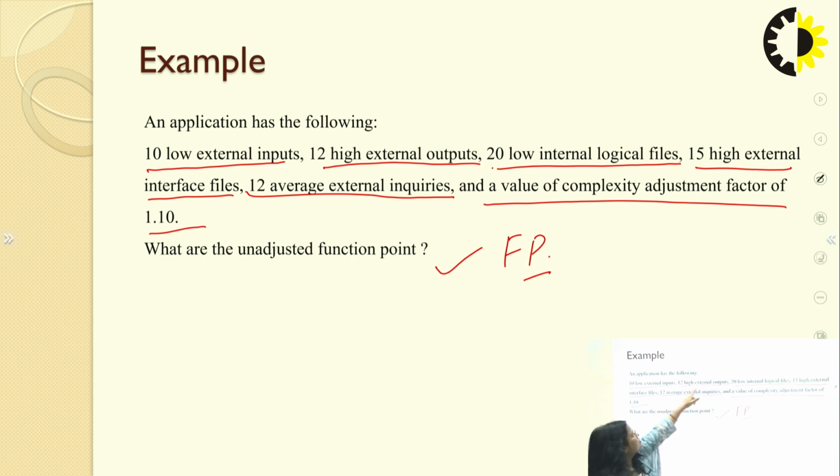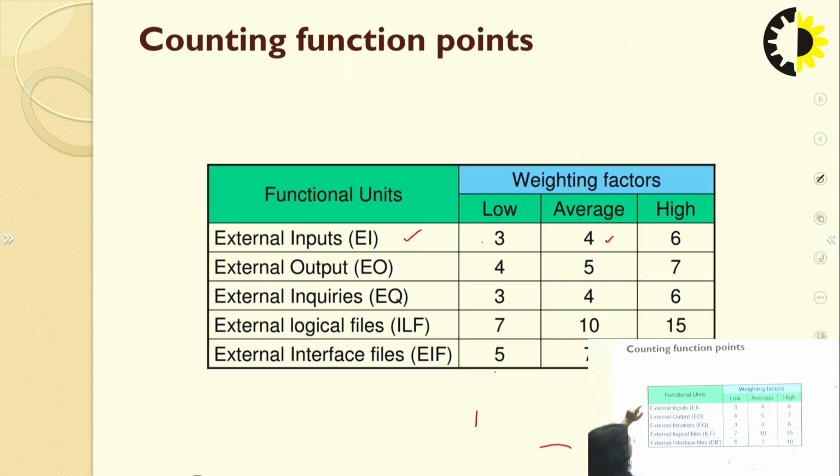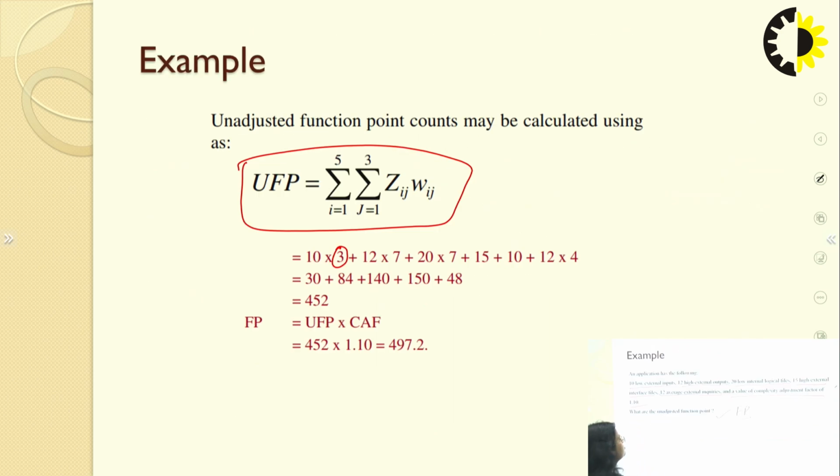The 12 external outputs are high in nature, and external outputs high in nature means 7. So 12 into 7. Similarly, 20 into 7, 15 into 10, 12 into 4.